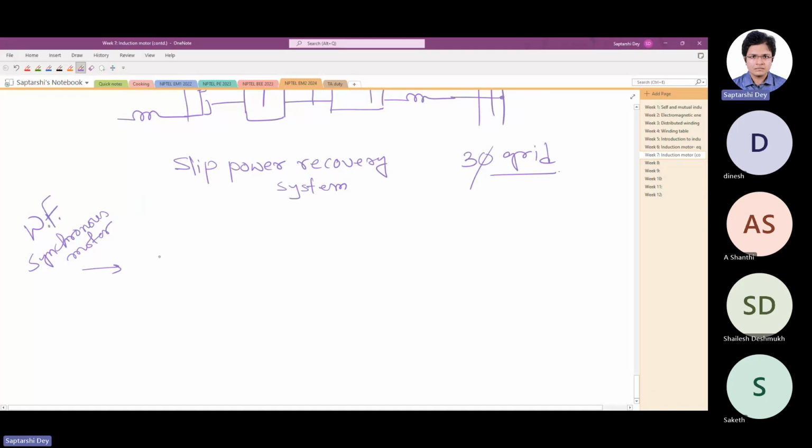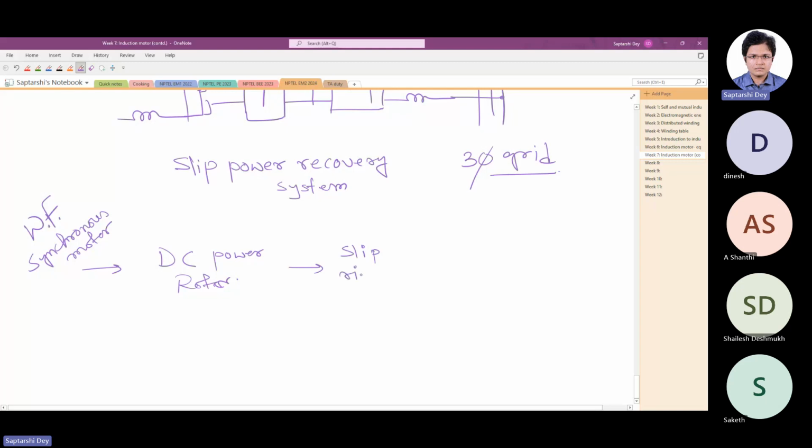What we need is a DC power supply in the rotor. Now you can do it through slip ring brush gear, because you need DC on both the sides, both static and rotating. That's why it's slip ring, not commutator.